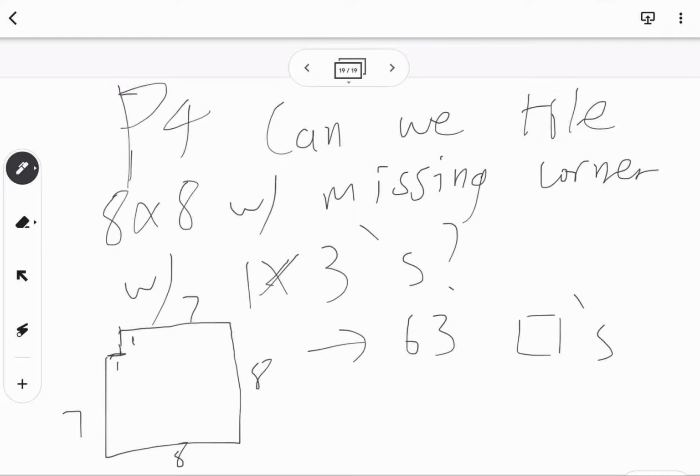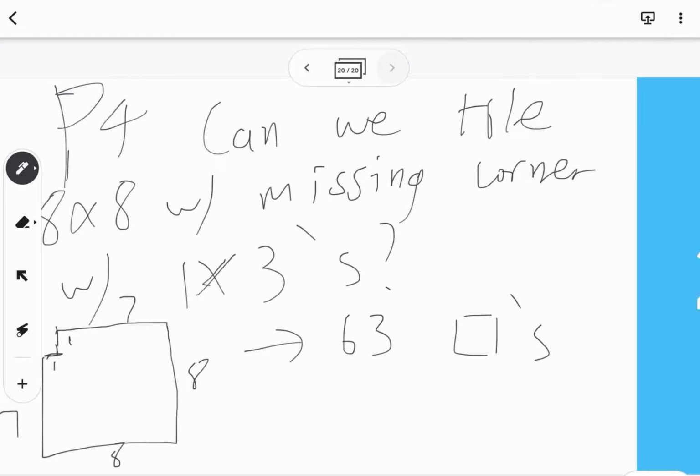So how do we prove this? What kind of shapes can we tile by 1 by 3? Let's look at dominoes first.